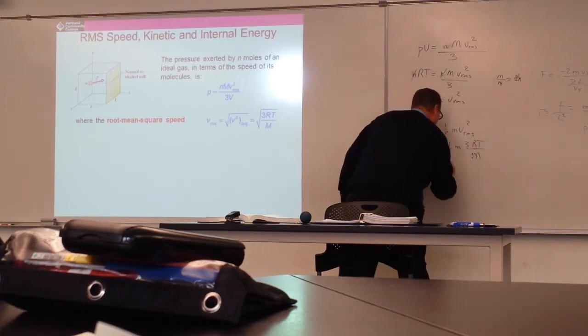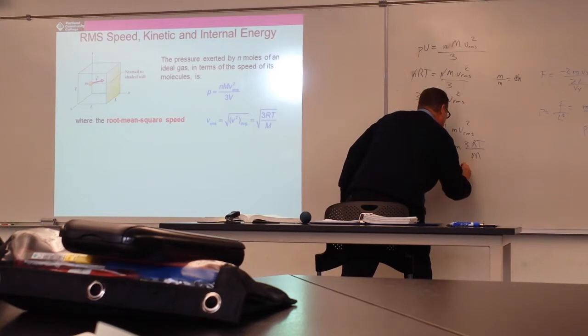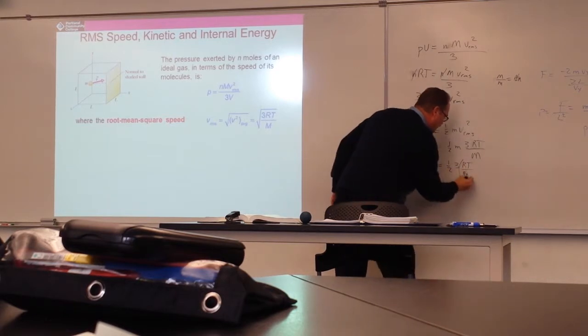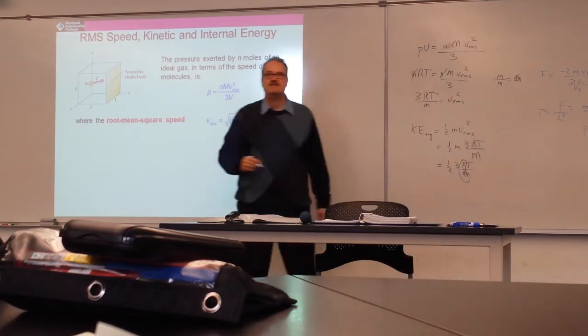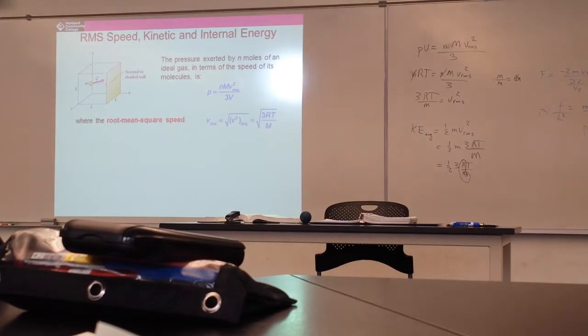So I get 1/2 times 3 times RT over Avogadro's number. But what is R over Avogadro's number? Boltzmann's constant.